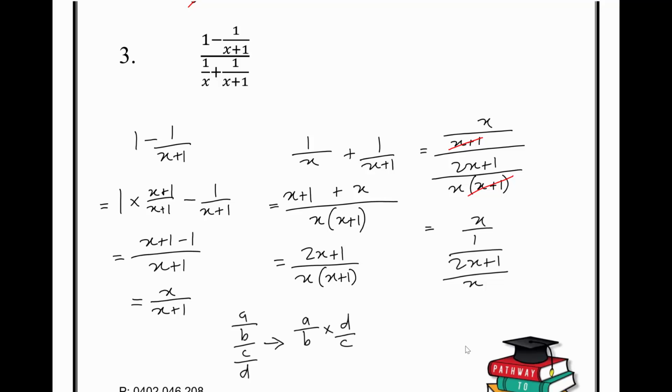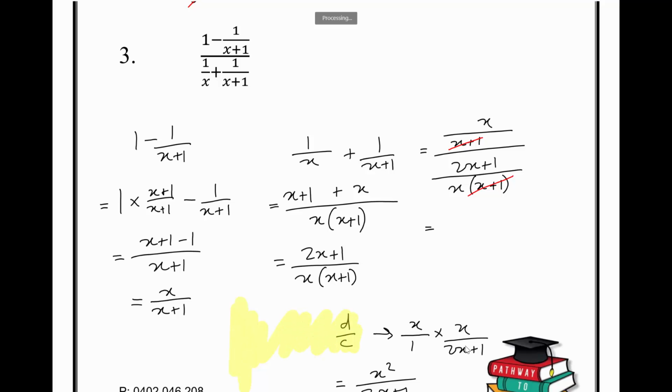Now if we put this into the pronumerals that we have, x divided by 1 times x and 2x plus 1, what we end up with is x squared divided by 2x plus 1. Remember this method, as it is a very valuable method to remember, especially when using fractions of more than one denominator or numerator.